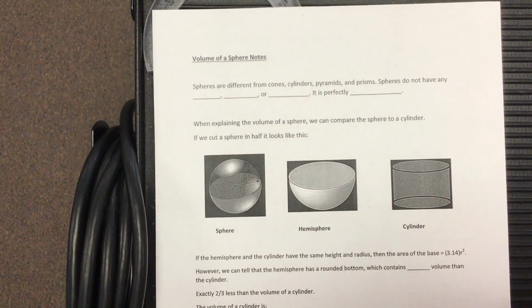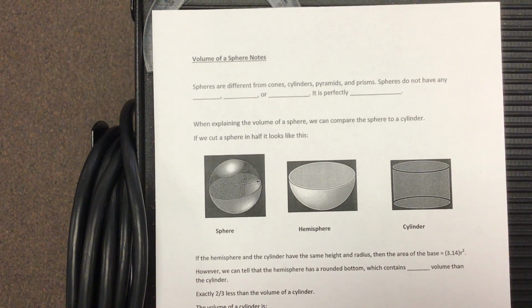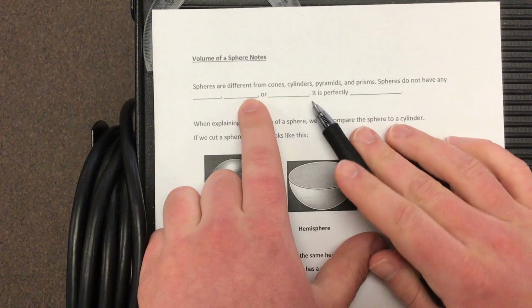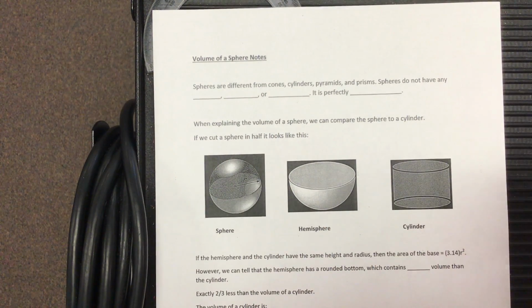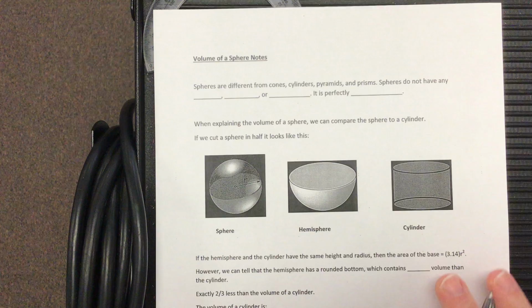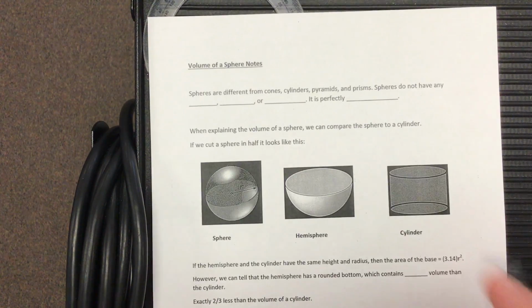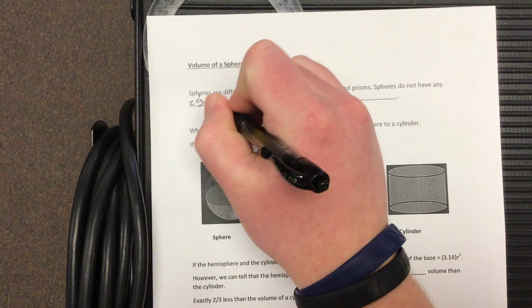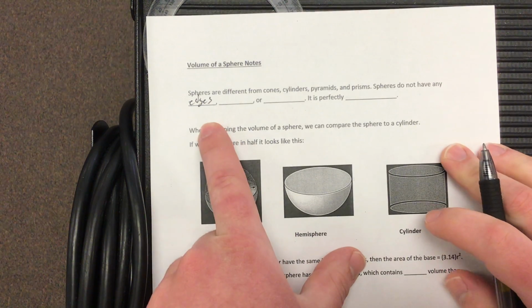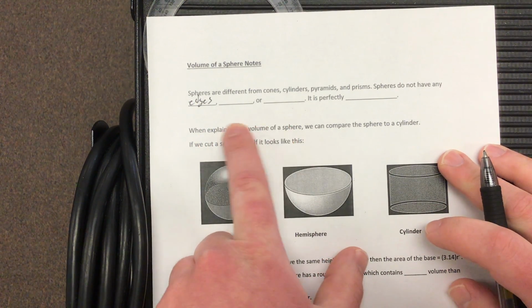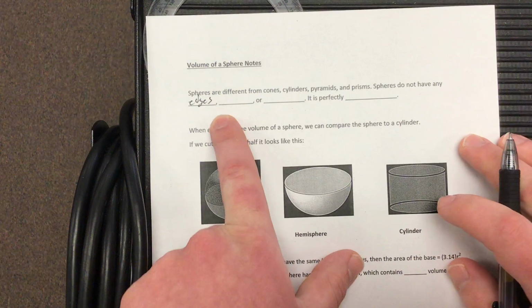All right, so today we're talking about the volume of spheres. Spheres are different from cones, cylinders, pyramids, and prisms because they don't have any what? What don't spheres have? Edges. Edges is one of them. Bases.